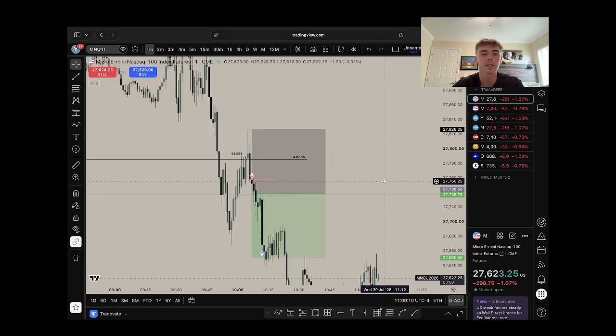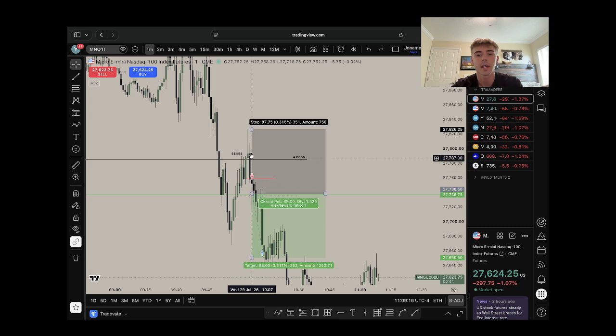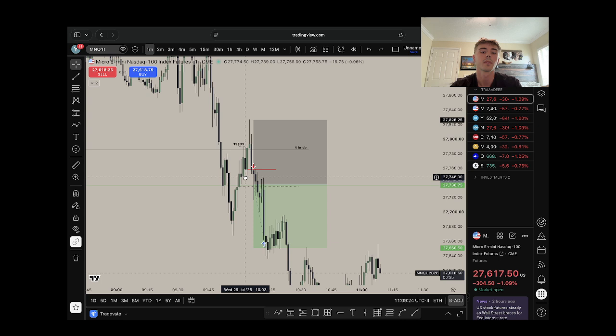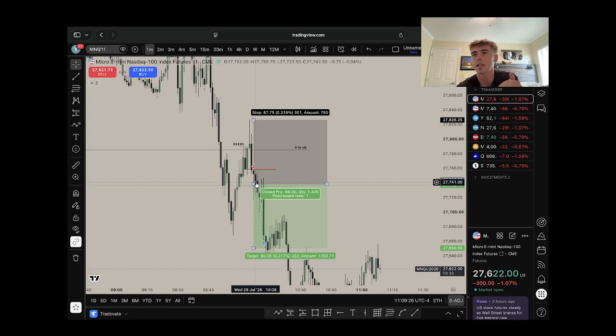I would say this is definitely A plus because we have a stop hunt here. Very clean CISD. You notice how we leave a singular wick here. There are no low resistance liquidity wicks resting at our stop loss. This is definitely a trade that I would take 10 out of 10 times. So whenever I saw this trade, I immediately executed it and put the risk on the table.